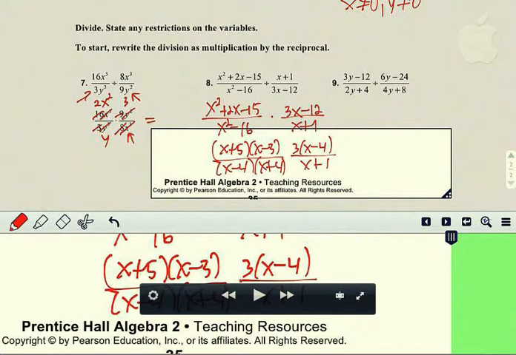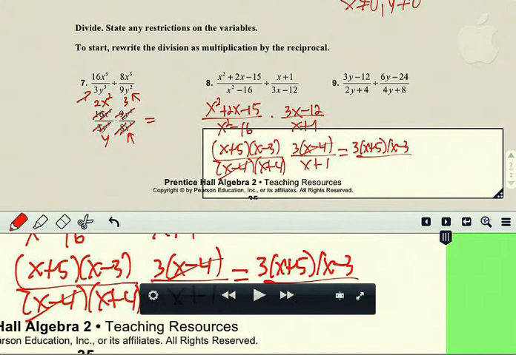So the x minus 4's cancel. And let's see, anything else? No, that's it. So we're going to have 3 times x plus 5 times x minus 3 all over x plus 4 times x plus 1.